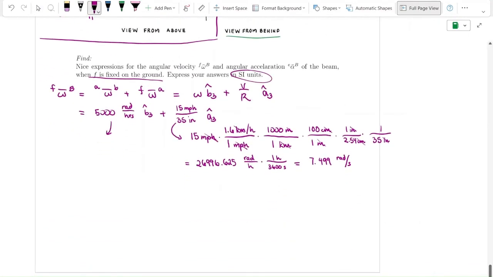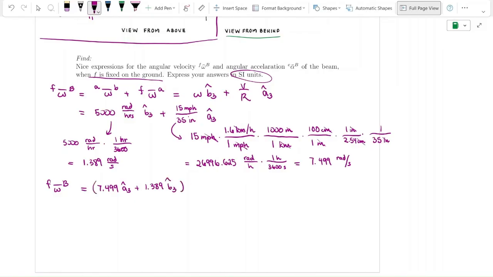And then we just do the same conversion for the other: 5,000 radians per hour times 1 hour is 3600 seconds, which is equal to 1.389 radians per second. Okay, so our angular velocity of the boom with respect to the F frame is 7.499 A3 hat plus 1.389 B3 hat. And this is all in terms of radians per second.